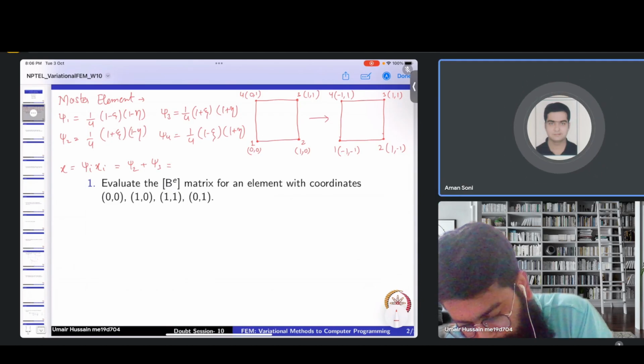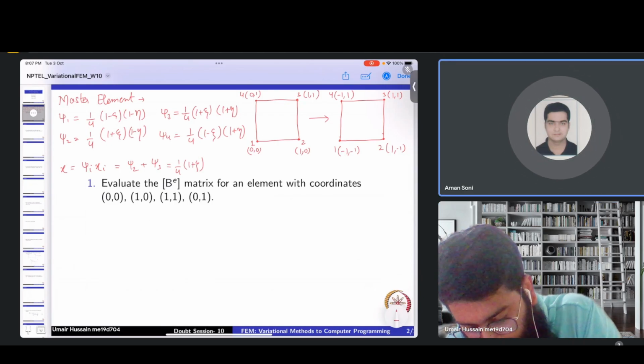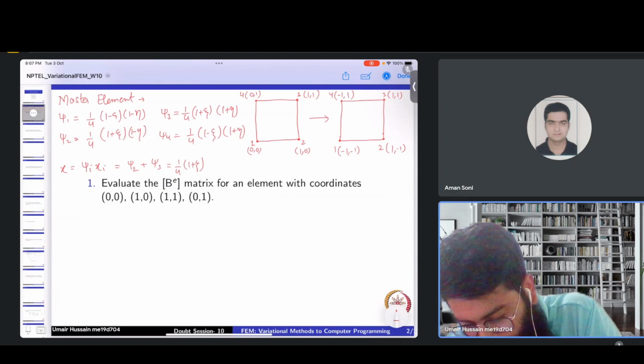Yes, it is. We'll have what is common between N2 and N3 is 1 plus xi, and then next bracket is 2. Then here we have 1 minus eta, 1 plus eta, that will make it 2. That's 1 plus xi by 2.